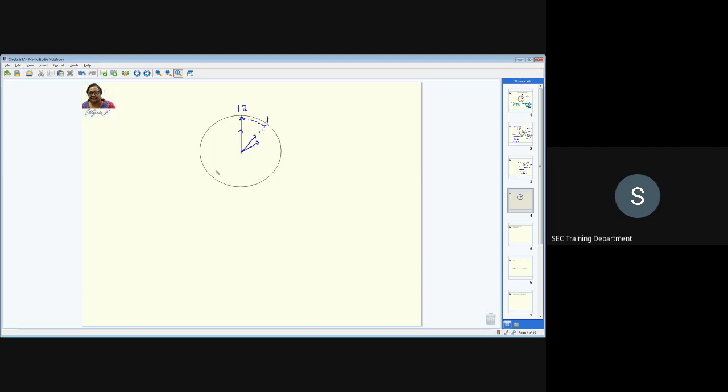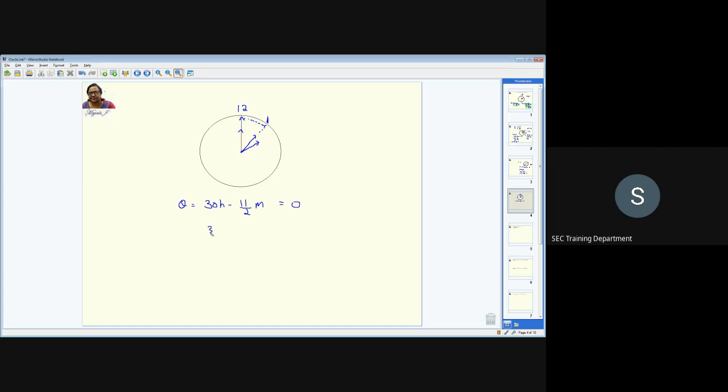So you can use this formula: theta is equal to 30h minus 11/2 m, and this theta is nothing but 0. The theta is 0 when they coincide. And this coinciding happens after 1 hour and a few minutes. That 1 hour I know, but the minutes I don't know.